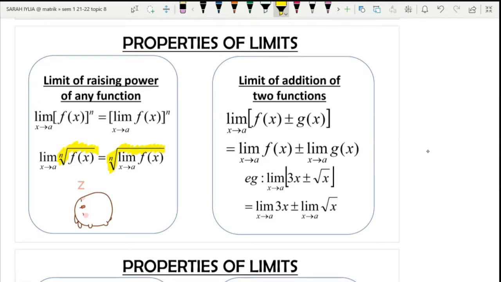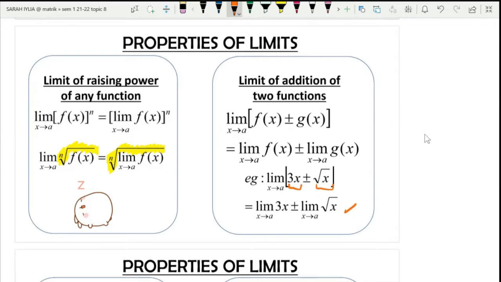Nanti kita tengok soalan lah lagi senang faham. Okay, next one, limit of addition of two function, addition or subtraction lah. So kalau the whole function tu ada tambah tolak, then kita boleh pecah jadi satu-satu. Contohnya dia bagi kat sini, kita ada limit of x approaches a, 3x plus minus third x. So kita boleh pecahkan dia jadi limit of 3x plus minus limit of third x. Pecahkan satu-satu macam tu.